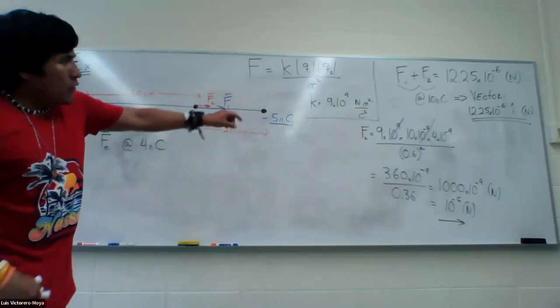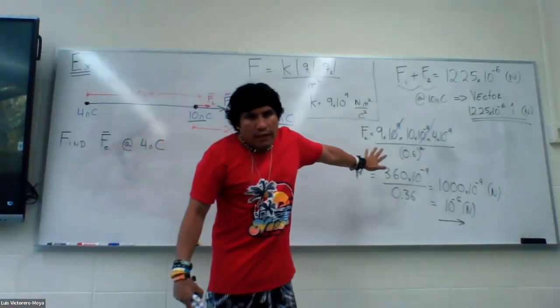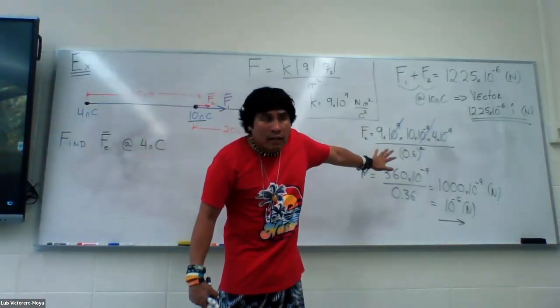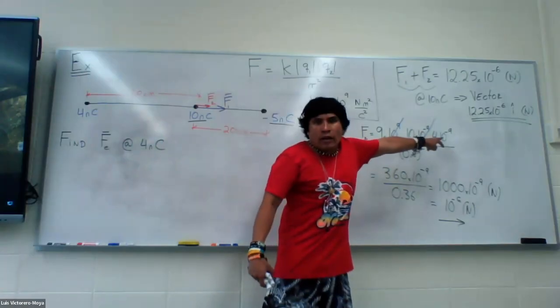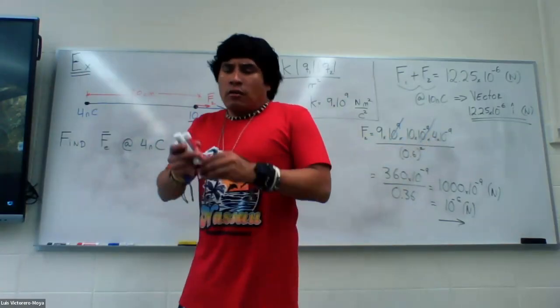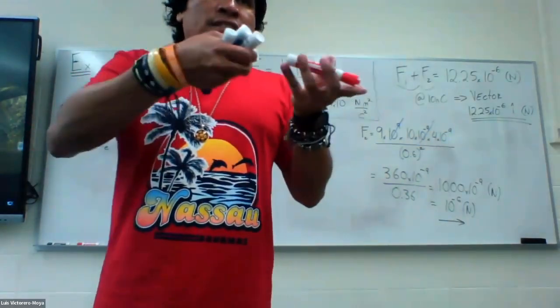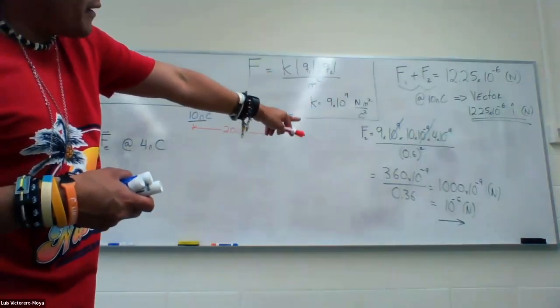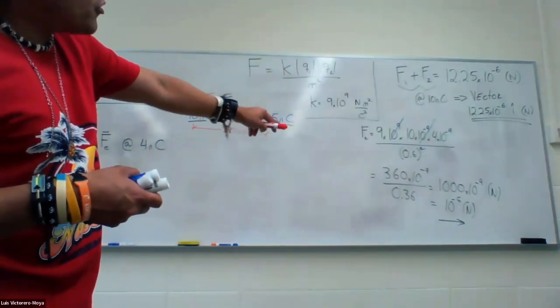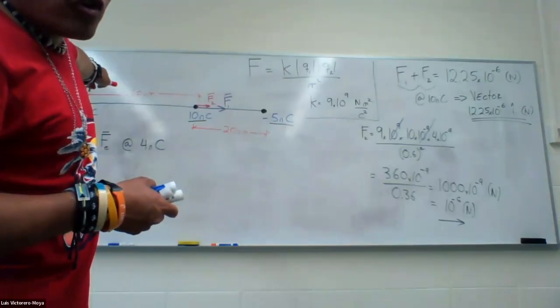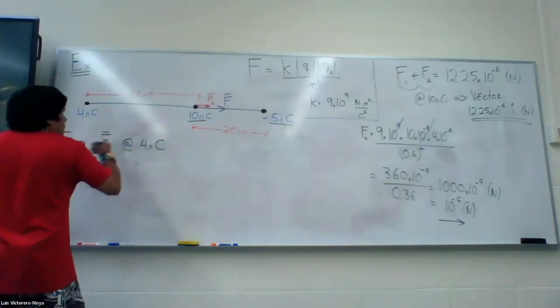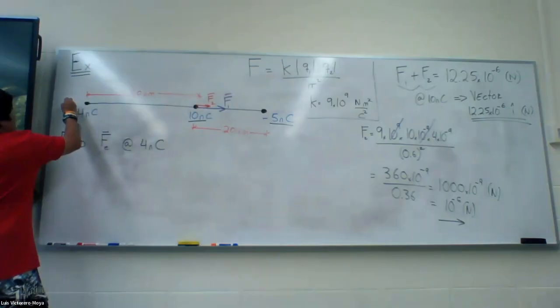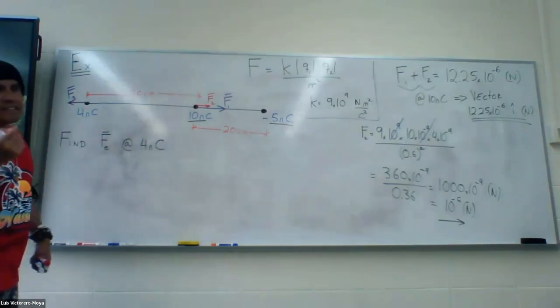And look, this is the force acting between 10 and 4 nanocoulombs. By Newton's third law, for every action, there is an equal and opposite reaction. So the magnitude of the force that I found over there is the same force that the charge of 4 nanocoulombs is experiencing. You see this F2? This could also be, let's call it F3. They are not the same vector, but they have the same magnitude.